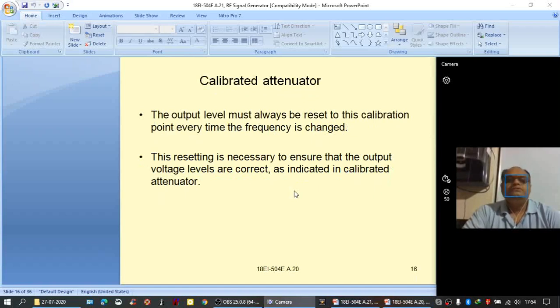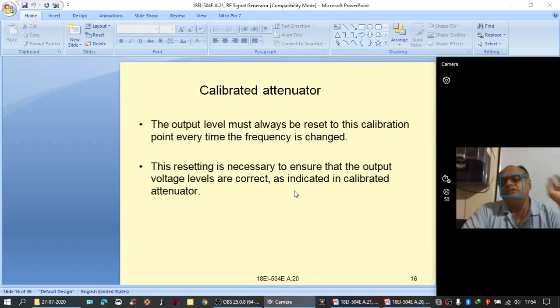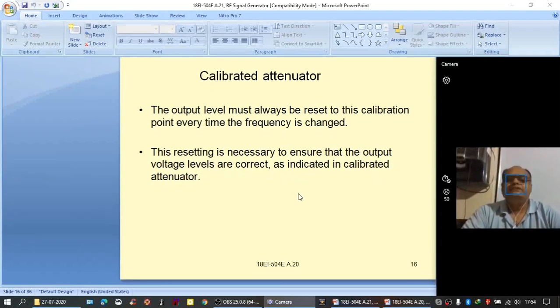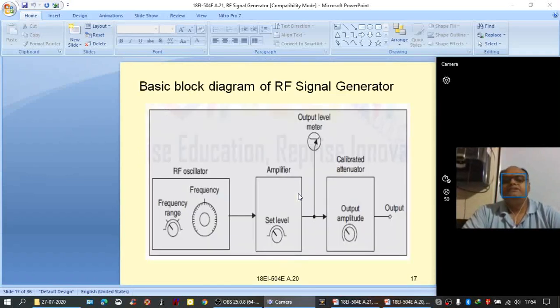So in order to make sure that whatever we are reading on the calibrated attenuator is accurate, first we have to set the initial values correctly by using the amplifier according to the range selected in the calibrated attenuator.